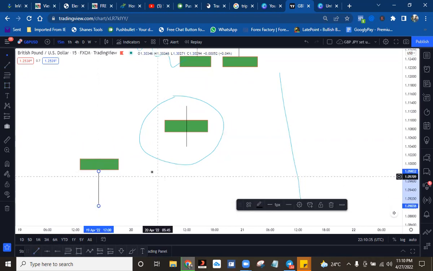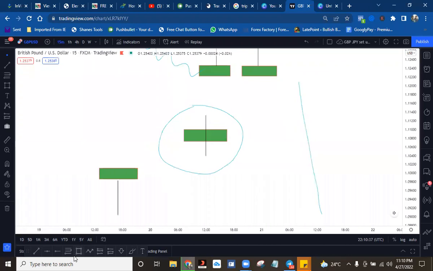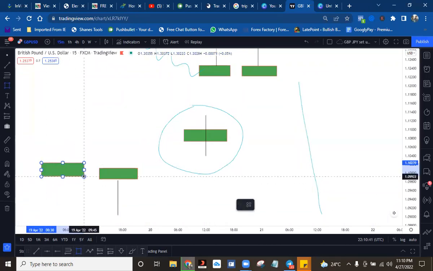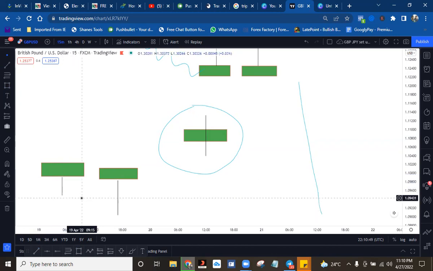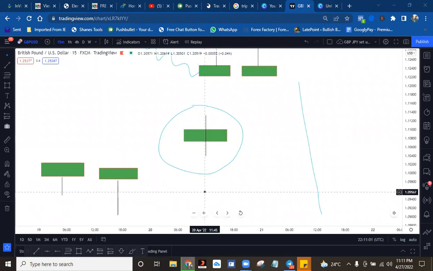Sometimes you can see the other one like this, and the wick not so long, but they are still the same hanging man. Yes, it's sinking in. Very good. It simply means you are understanding the logic.